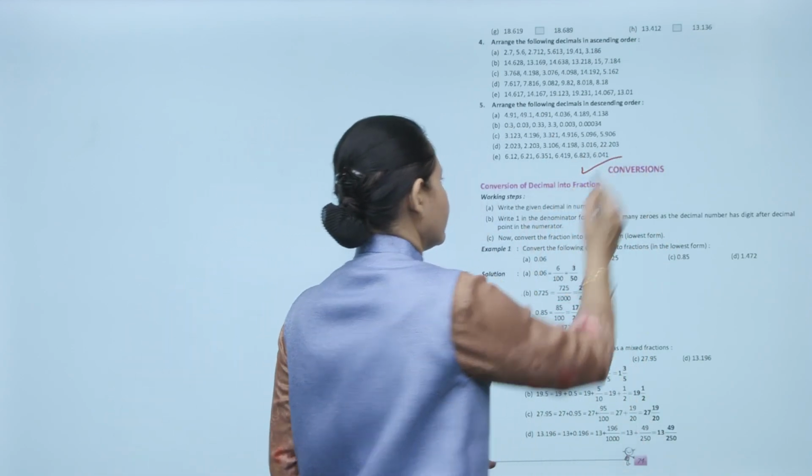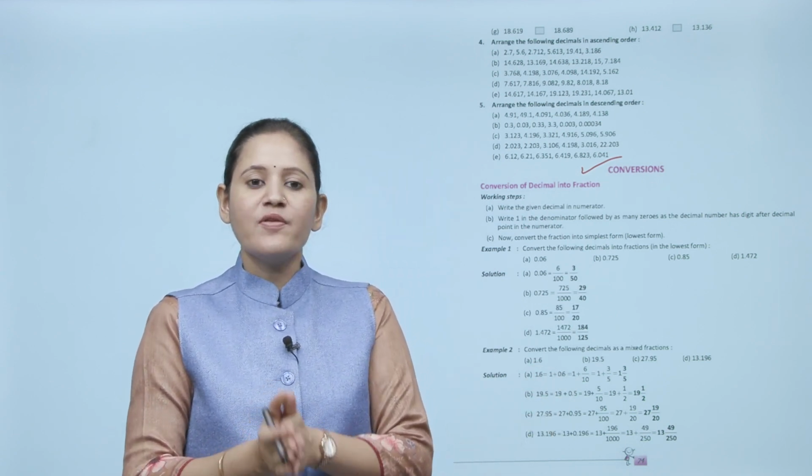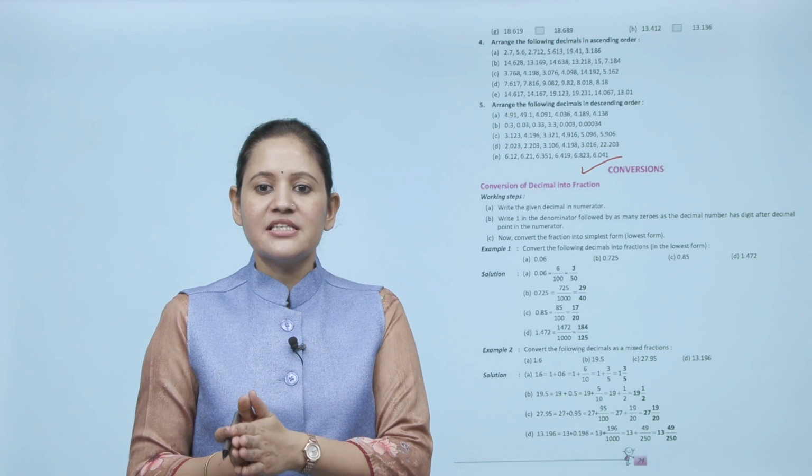Next is conversion. Conversion of decimal into fraction. How will we convert decimal into fraction? Working steps. Write the given decimal in the numerator. Write 1 in the denominator followed by as many 0s as the decimal number has digits after the decimal point. Now convert the fraction into simplest form, lowest form.